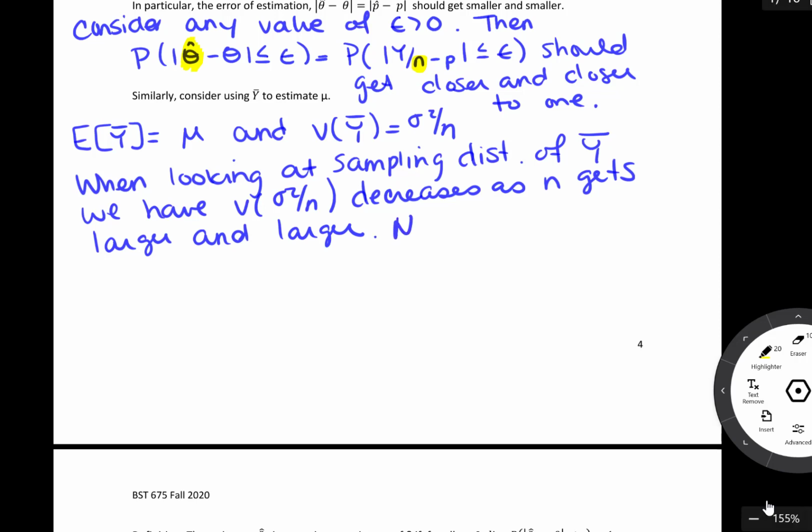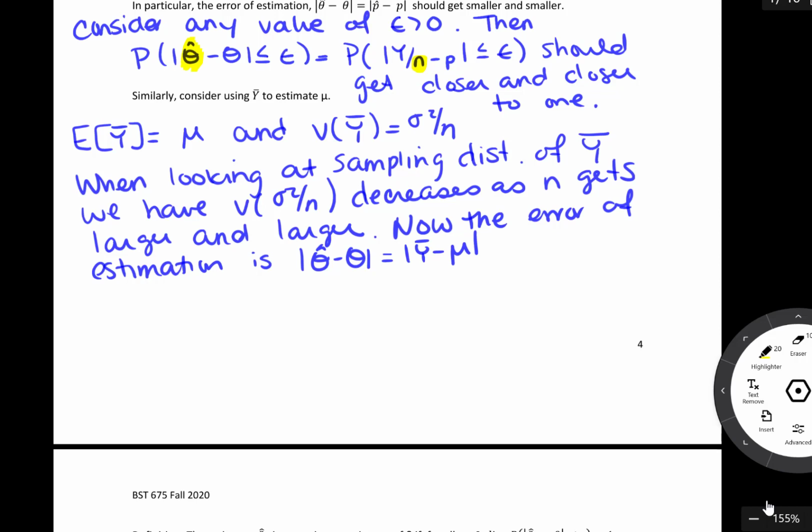Now recall that the error of estimation is the following. As n gets large, we would like the error to get small.